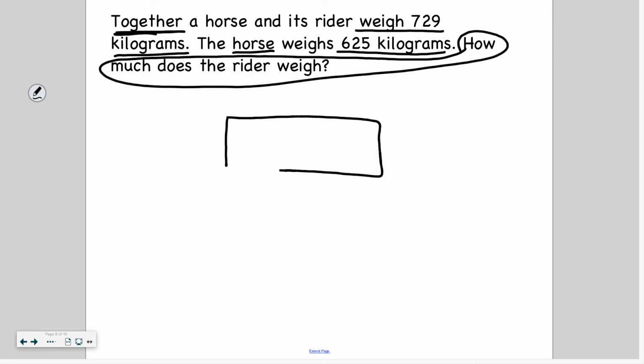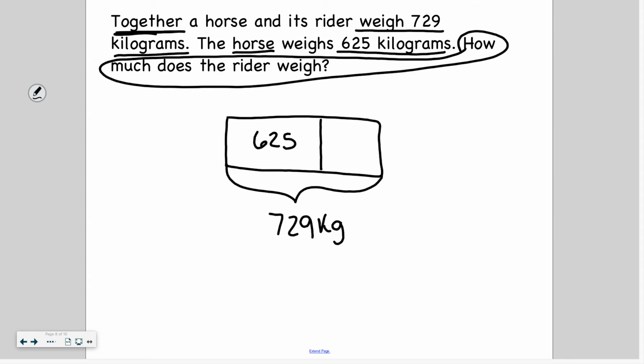So again, I like to use a tape diagram. You don't have to, I'm just modeling using a tape diagram. I know together their combined weight, both of them together, is 729 kilograms. I also know that the horse by himself or herself weighs 625 kilograms. So I want to find the rider, this missing part.